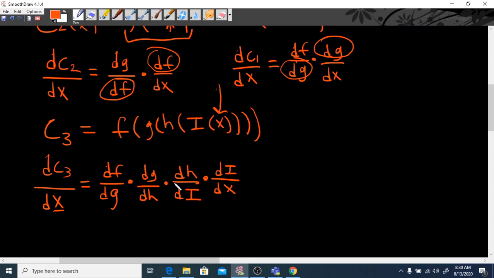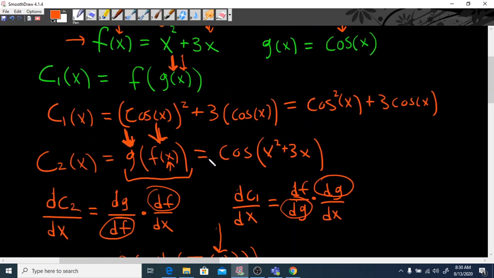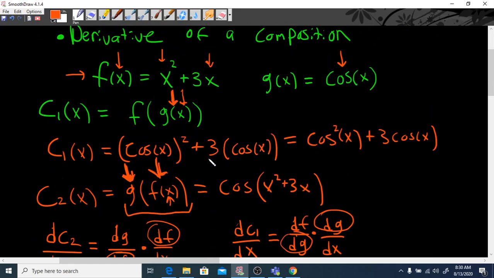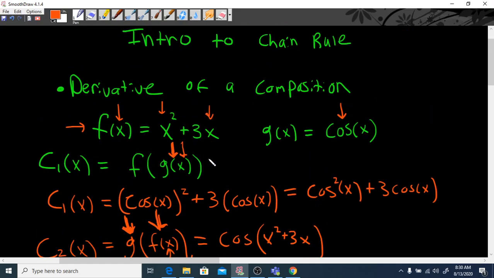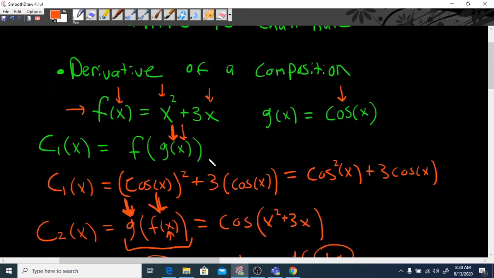So we start from the outermost function, and we work our way in. Okay? So now that we sort of understand the form of this thing, let's actually do these derivatives. And if you've been a little confused, I think actually doing these derivatives is going to help. Okay? So here we go.